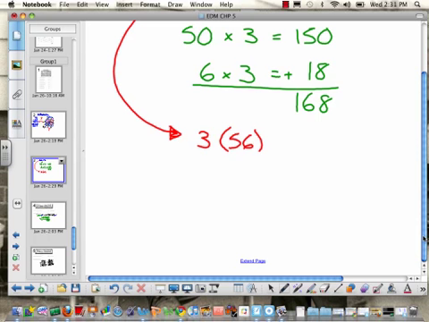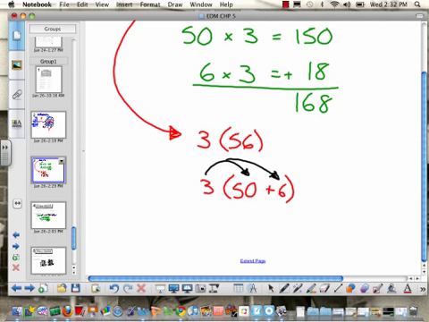Okay, so they would look at this and they would say, hey, instead, why don't I write this as 50 plus 6? And this becomes much more of an algebra problem. And so if they understand this first method, they are already tuned in to the underlying concepts of the distributive property, FOIL method as we go forward.